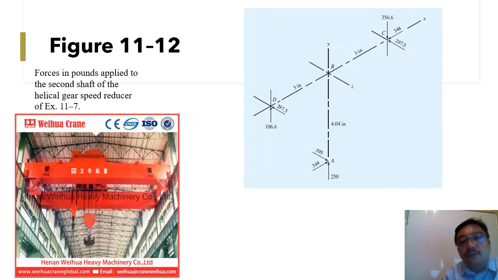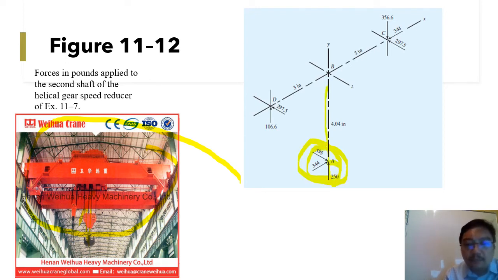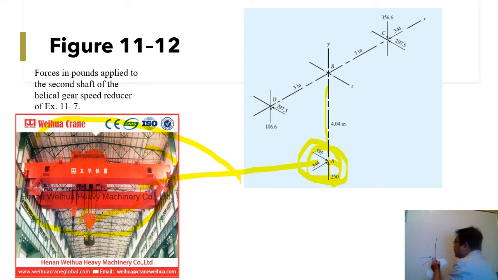This is another picture on the left of the crane reducer. You can see here the part that represents the crane hook. There is a hook going down here, and it is provided with directions x, y, and z.